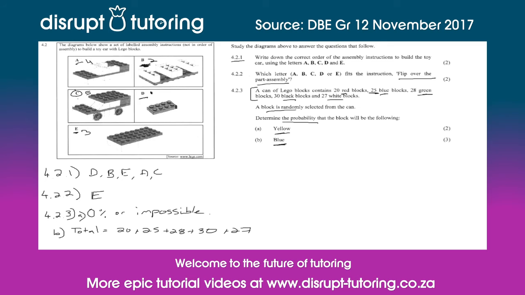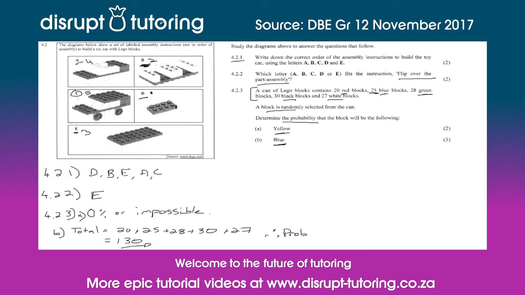Put that all in your calculator and you get that your total is 130 blocks. So then the probability of getting a blue is that there are 25 of them out of the possible 130.